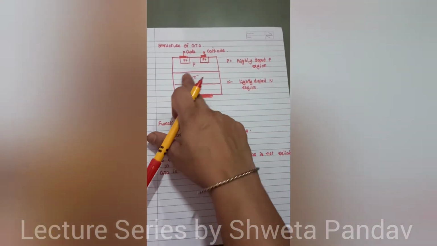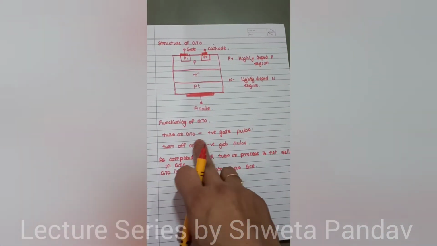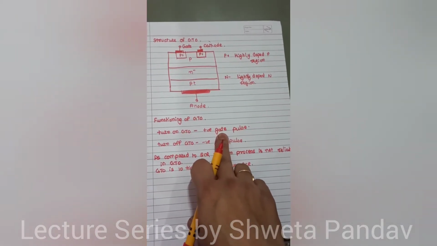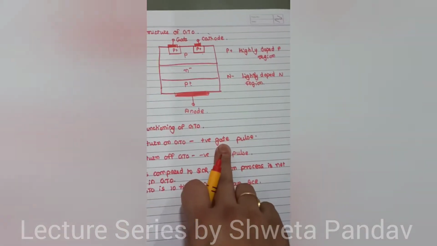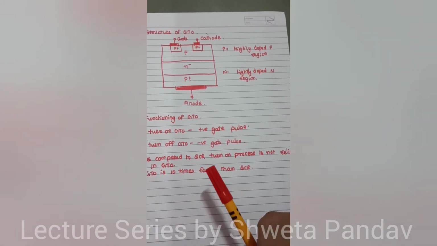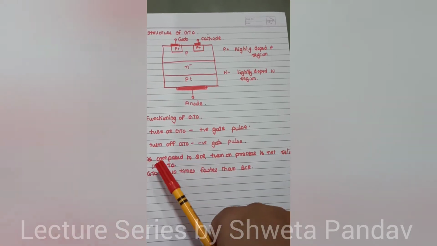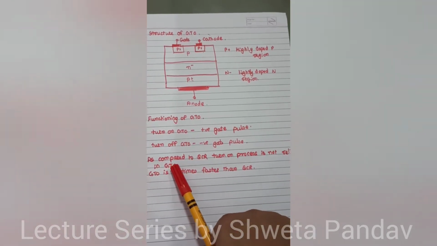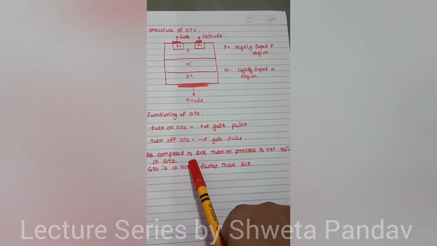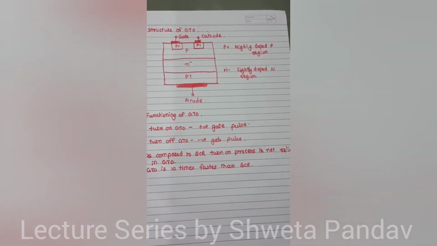To turn on this GTO, we apply the positive gate pulse. To turn off this GTO, the negative pulse is applied. The turn on process of SCR is more reliable than that of GTO, and in speed of operation, GTO is 10 times faster than the SCR.